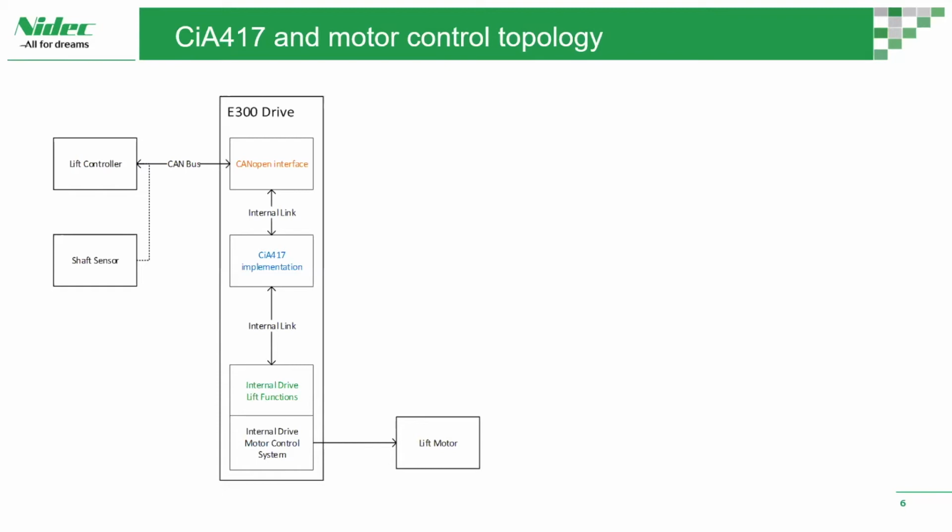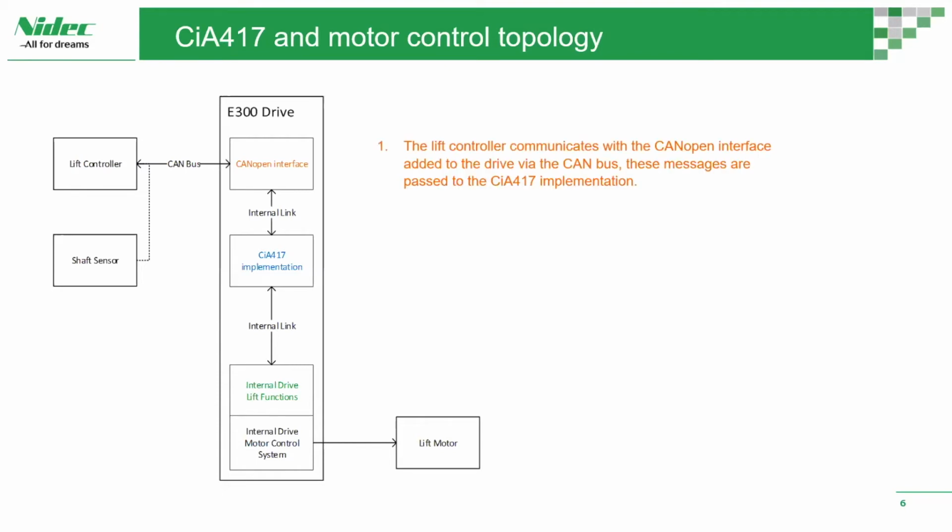Now, in the whole topology, there exists the controller, there exists the drive, and the CAN bus connection between them. The lift controller communicates with the CANopen interface of the drive via the CAN bus, and then these messages received through the CANopen interface of the drive are then passed on to the CiA 417 implementation within the drive.